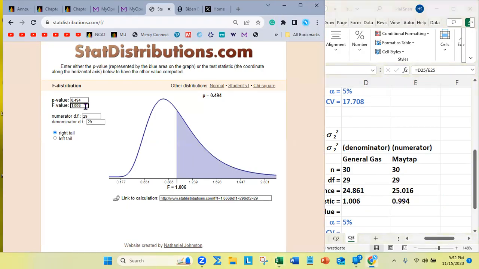What I can do is flip this around. I can do 0.994, and I can do left tail, right? So notice the probability is still 0.494. This right here would be the lower tail that we'd add to the upper tail.